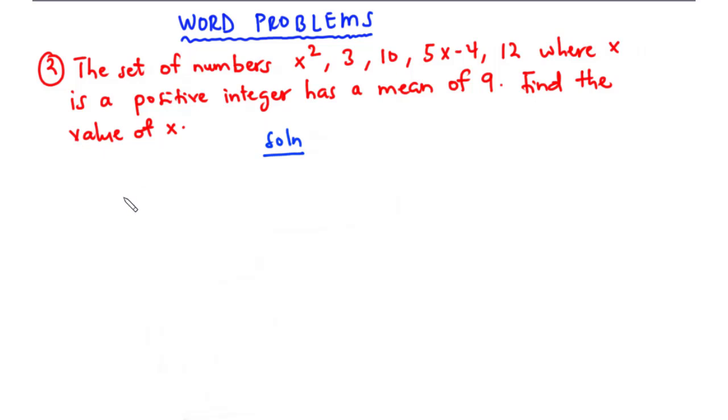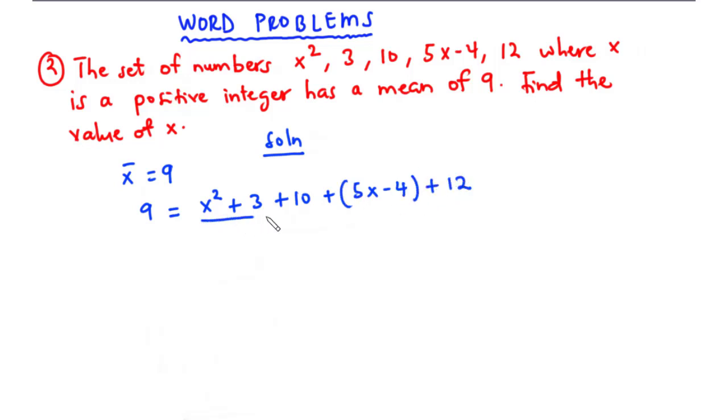Now let's attempt the question. From the question, the mean value is 9. So we have x bar equals 9. So we know that the mean is the sum of all the values in the data set divided by the number of values in the data set. So we have 9 equals (x squared + 3 + 10 + 5x minus 4 + 12) divided by 5, because we have 5 numbers here.